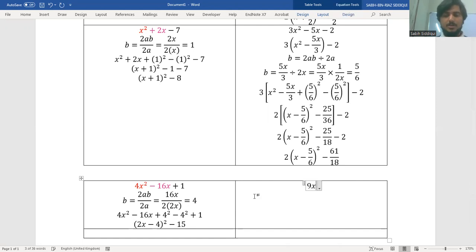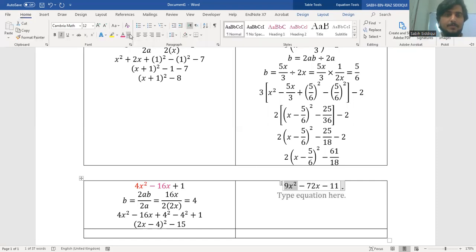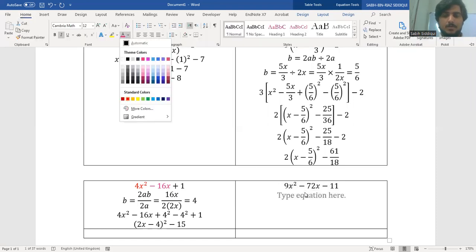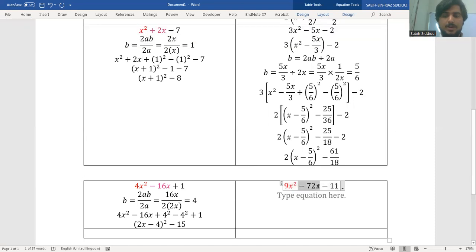Another such example is 9x squared minus 72x minus 11. Now in this one, 9x squared is my a square, and the 72x is my 2ab.